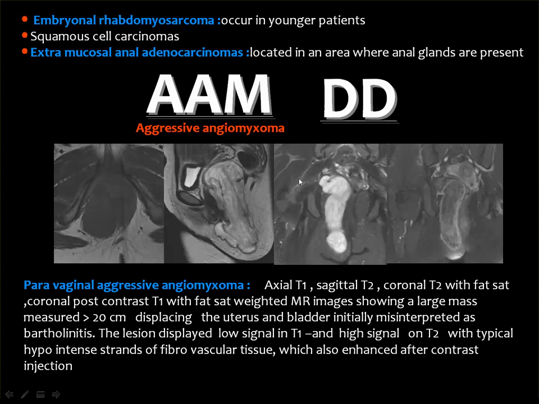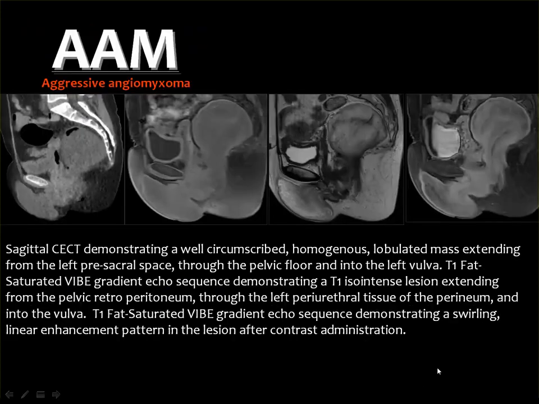And this is once more another example of aggressive angiomyxoma. In the T1 weighted image, it has no characteristic appearance, but in the T2 weighted image, you can see this very pathognomonic, let us say, appearance, and this is after contrast injection with suppression of the fat.